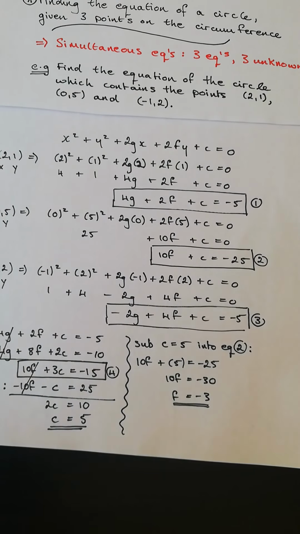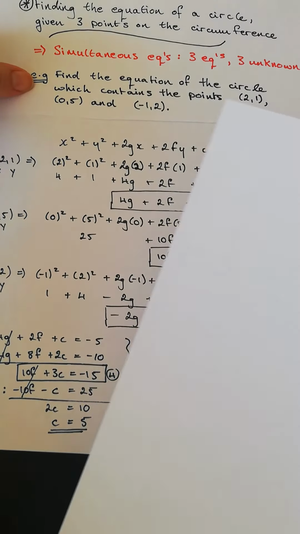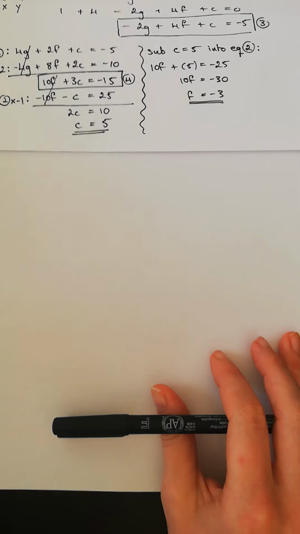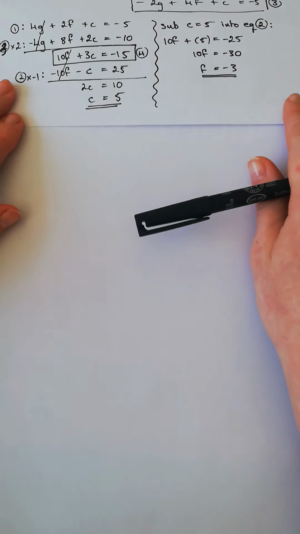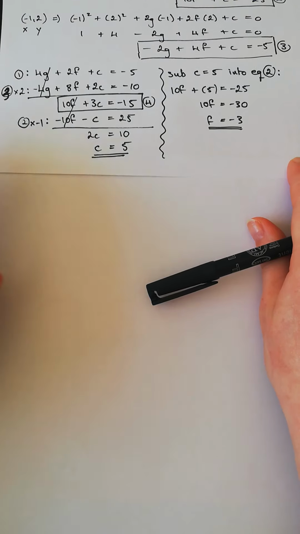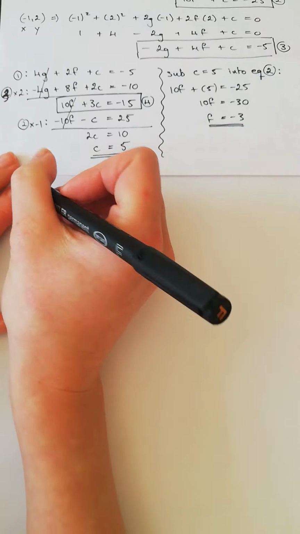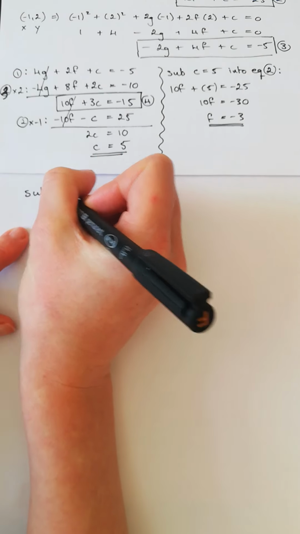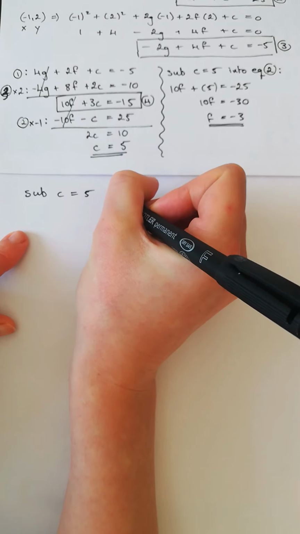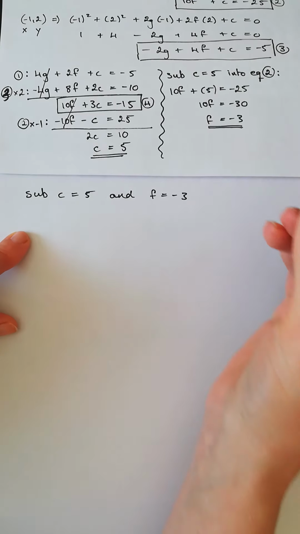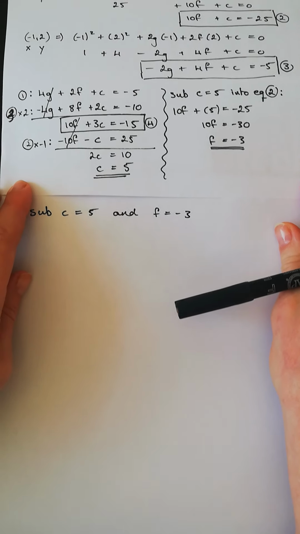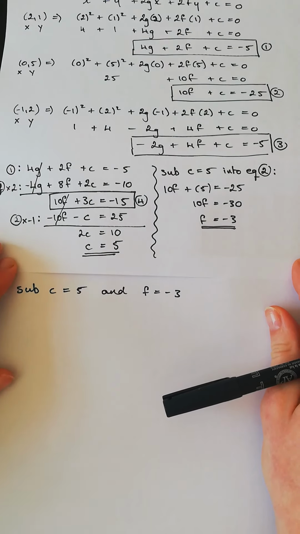And then to find my last variable, I'm going to sub both of these, my c equals 5 and my f equals minus 3, into one of my equations that has 3 unknowns.